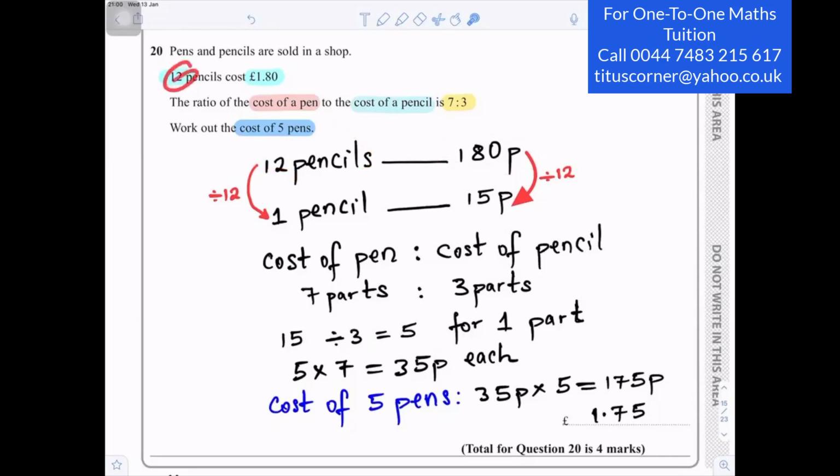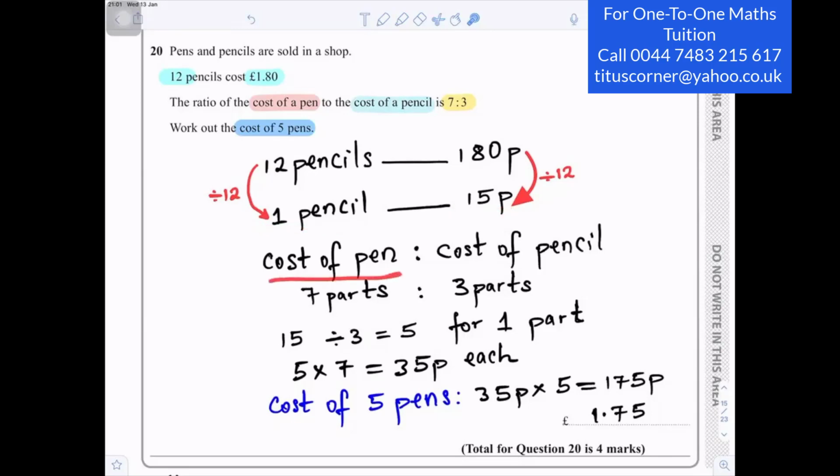Notice I've highlighted all of the important numbers in the question. So if 12 pencils is 180 pence, 12 divided by 12 will give you 1 pencil, and we divide 180 by 12 to get 15 pence. So 1 pencil is 15 pence.